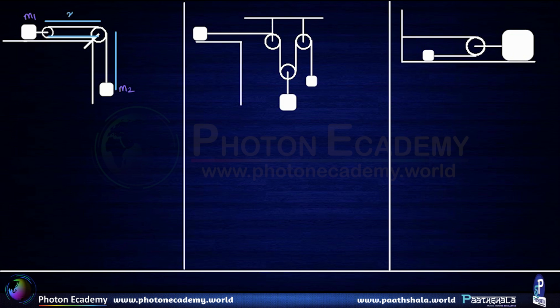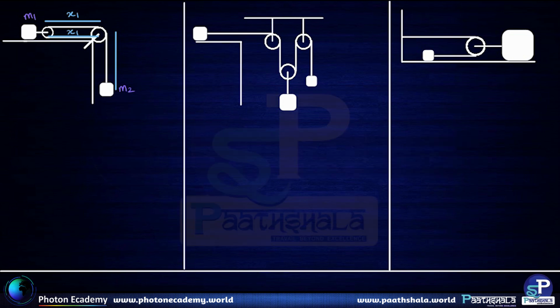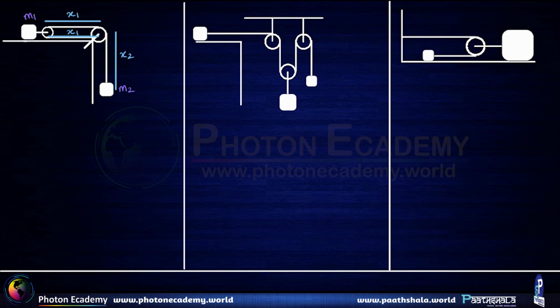So if I were to label them, this is x1, this is also x1, and this is x2. We do not consider the 1/4 circumference that passes over the pulley, because that length of the string when differentiated is going to churn a zero result for us.